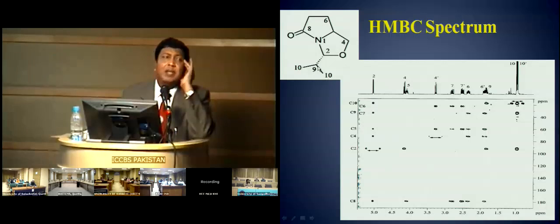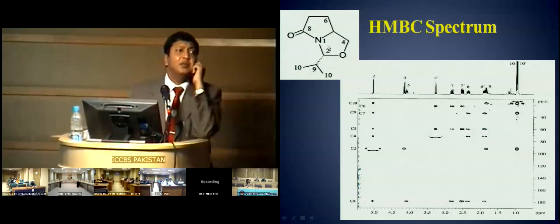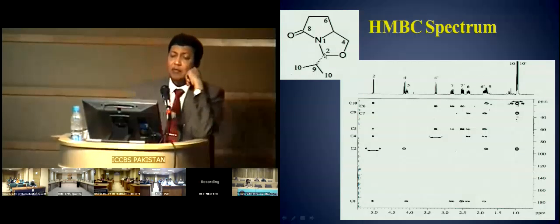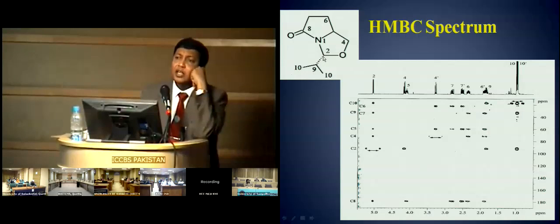Some of them will be coupled in COSY. And in HMQC, you would be able to see coupling between proton and carbon of different pieces. But what you would not be able to see is the coupling between this particular fragment and the other fragment. And you need that, because you cannot assemble them together without a capacity of identifying coupling in a long range. So this is a long-range coupling between proton and carbon.